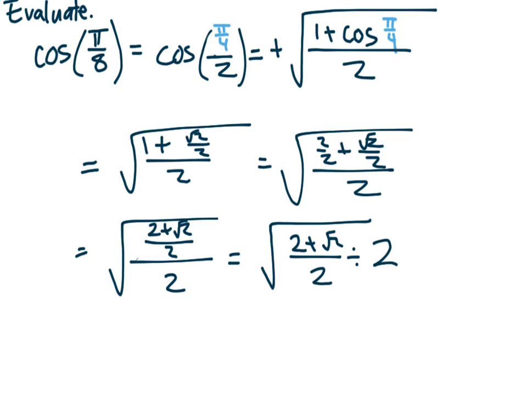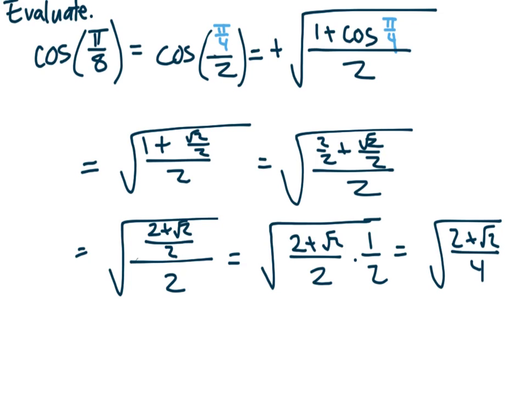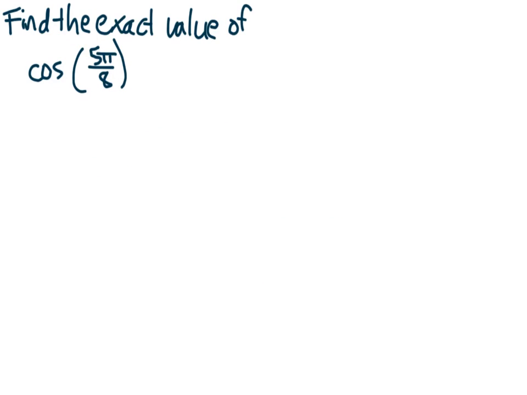Instead of dividing by 2, we're going to multiply by the reciprocal, 1 over 2. And that gives us the square root of 2 plus radical 2, over 4. So this is the exact value of cosine of pi over 8. Ta-da!